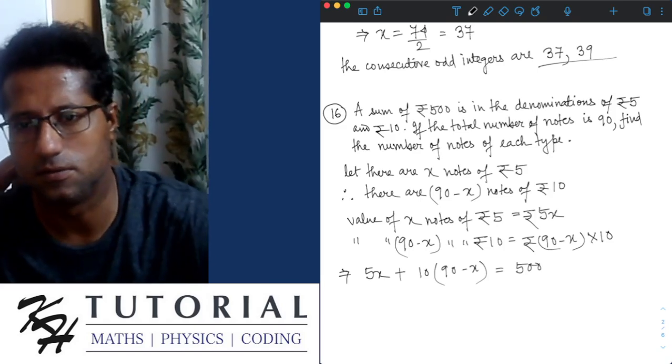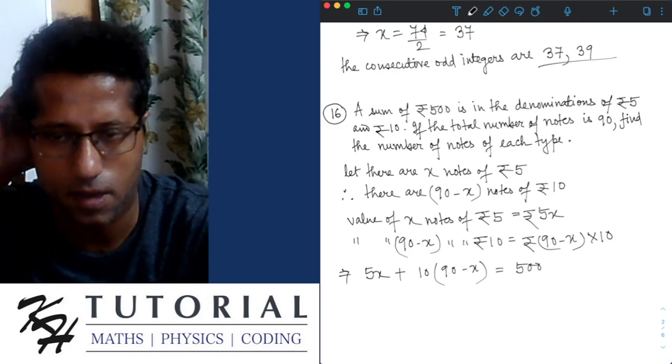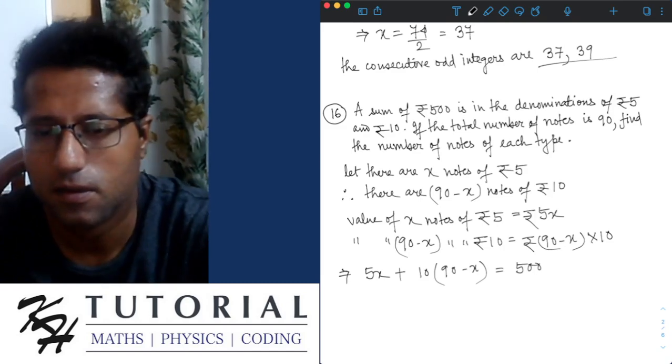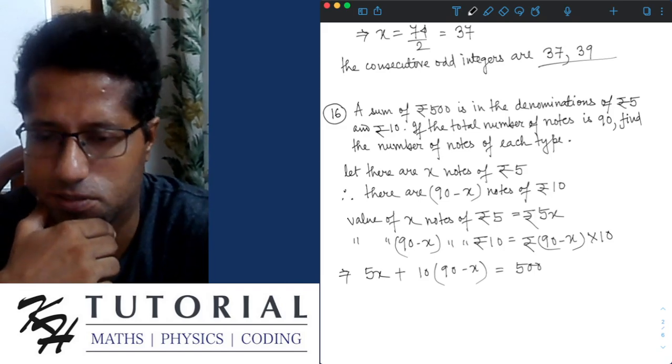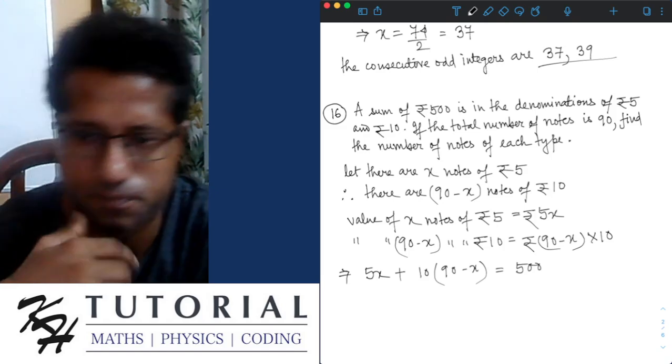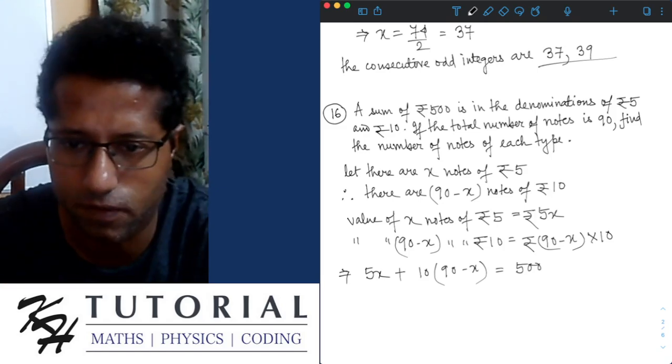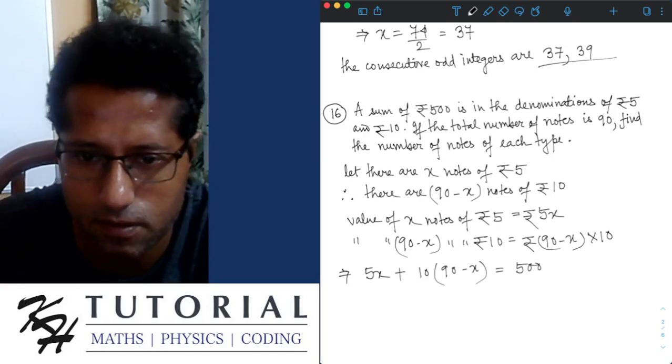So this is the linear equation formed as per the problem statement, where X is the number of notes of rupees 5 as per our assumption. From this equation we have to find X, so we have to solve it.